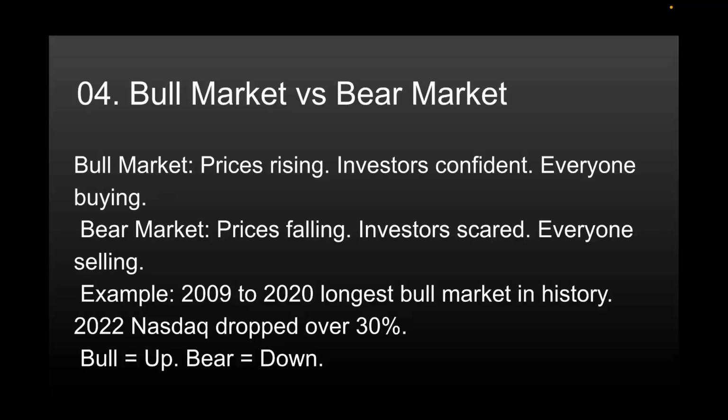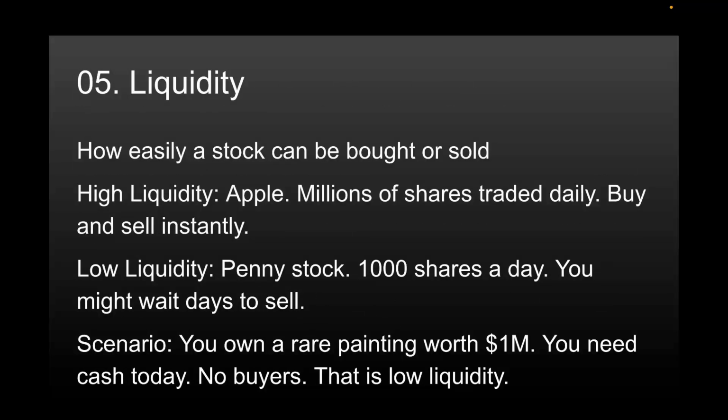Next topic is going to be liquidity. Liquidity is how easily you can buy or sell a stock without affecting its price. Apple trades hundreds of millions of shares every single day. You can buy and sell instantly at any moment. That is extremely high liquidity. Now imagine a tiny penny stock that trades only 1,000 shares a day.